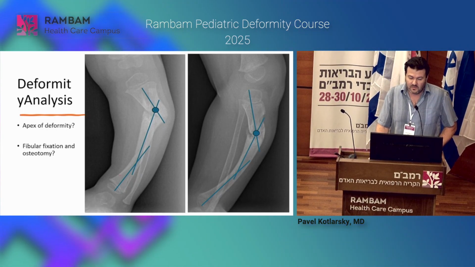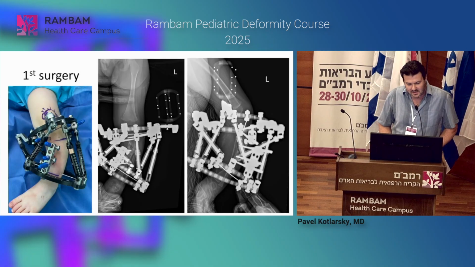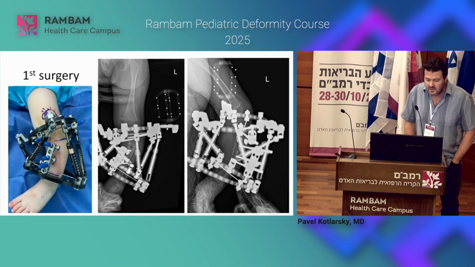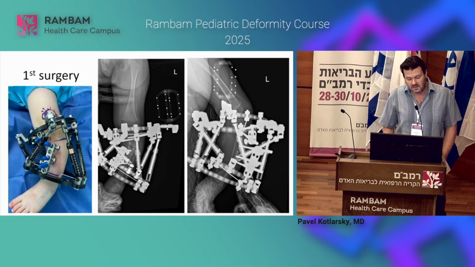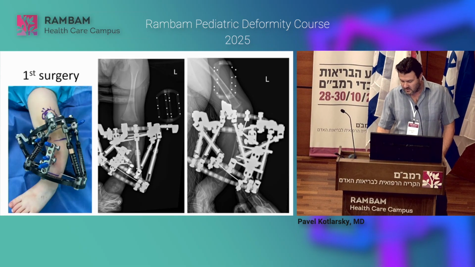So eventually what we did was do something in the middle. And the best way is not to decide what to do. So the first operation is to place a frame, using the pseudoarthrosis as the apex of deformity, and start lengthening and deformity correction. The fibula was not part of the frame.